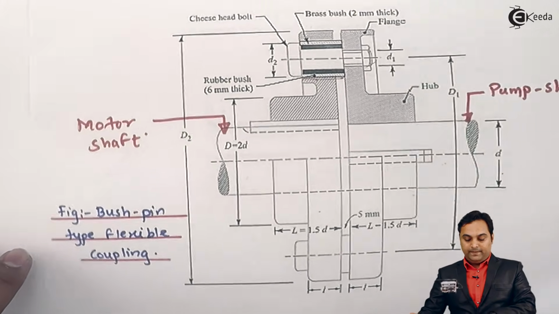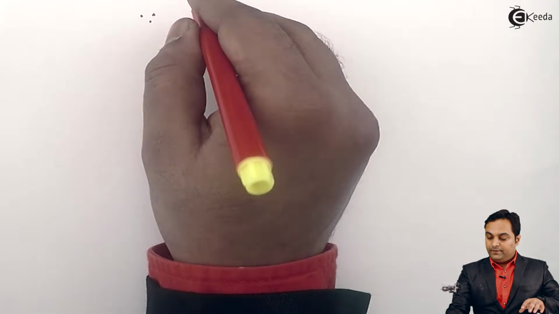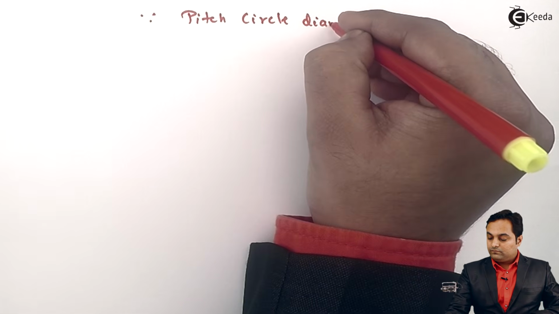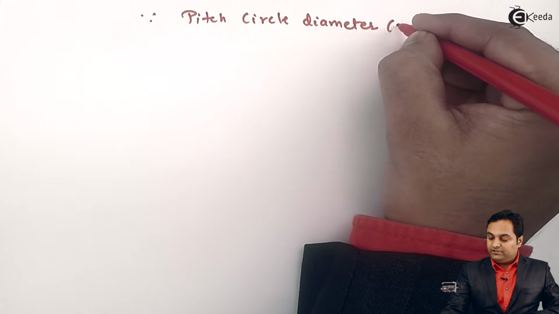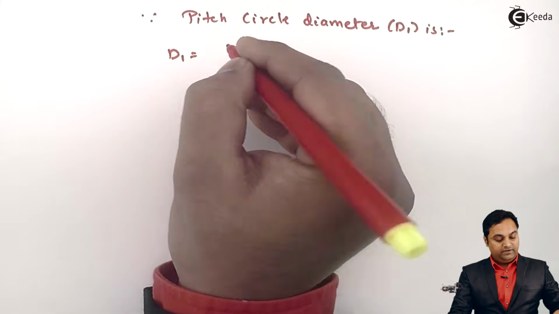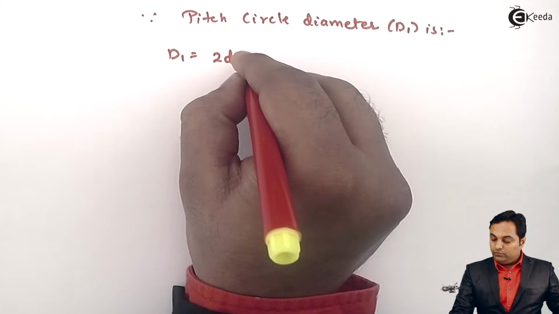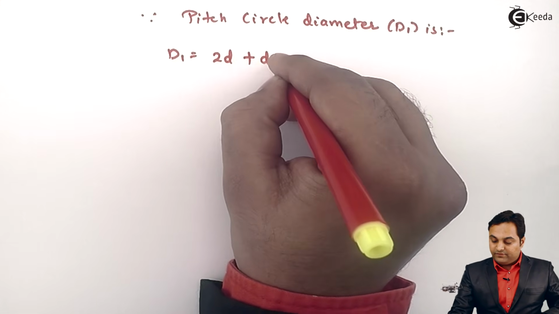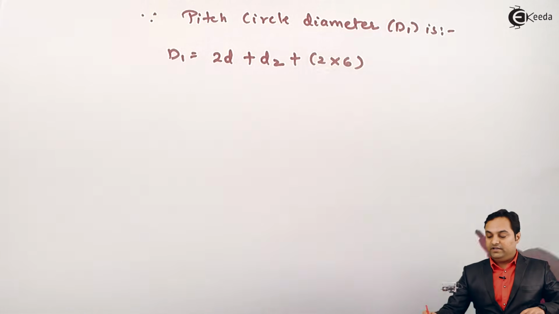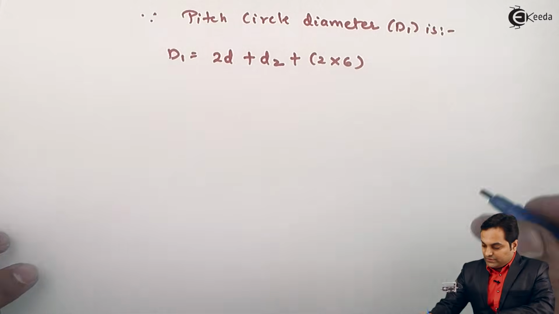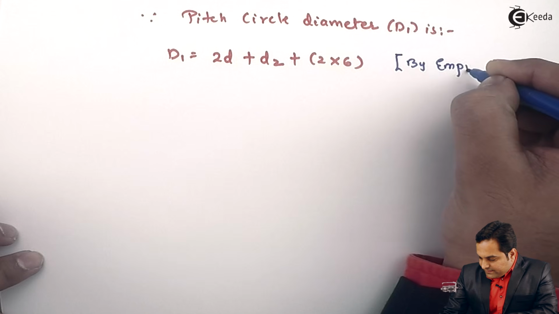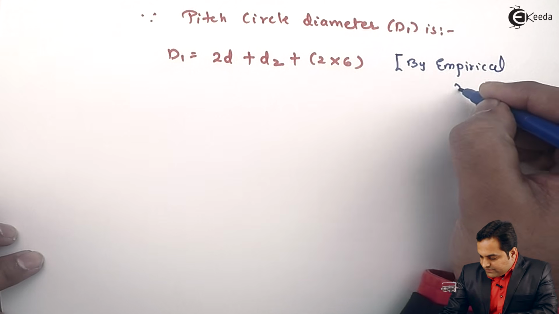I'll say that the pitch circle diameter, which is D1, is given by the formula D1 is equal to 2D plus D2 plus 2 into 6. This is again the empirical relation which we are using. I'll write down this formula as coming from an empirical relation.